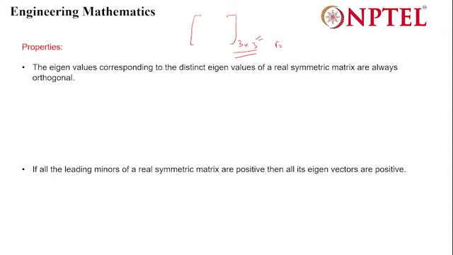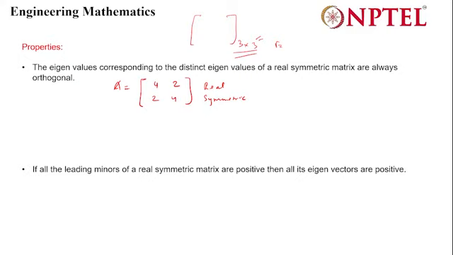So what is the first property? The eigenvectors corresponding to the distinct eigenvalues of a real symmetric matrix are always orthogonal. What does that mean? Suppose we take a 2 cross 2 matrix 4, 2, 2, 4. It is a real and symmetric matrix.